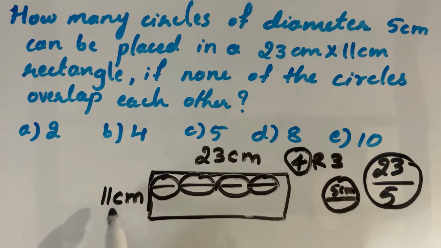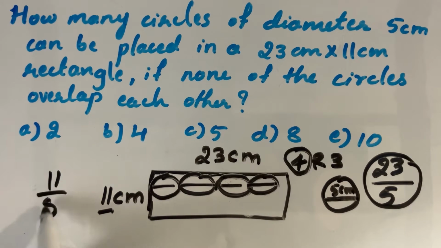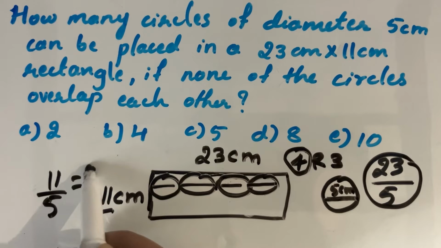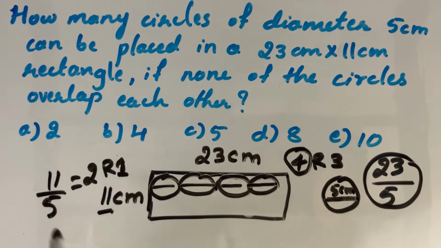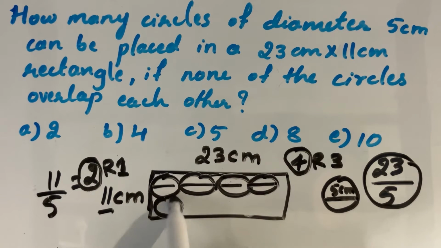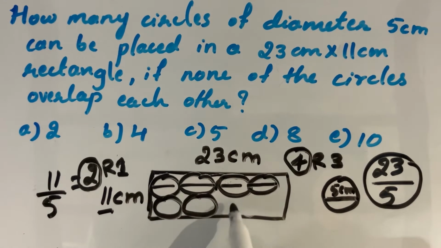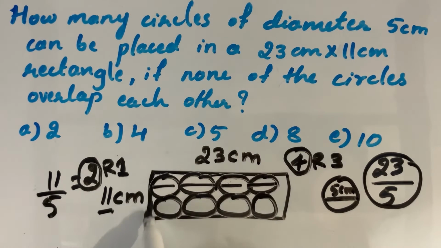Also, since width is 11 centimeters, you divide 11 by 5, you will get 2 as quotient and remainder 1. So we can place two circles along its width, 1, 2.